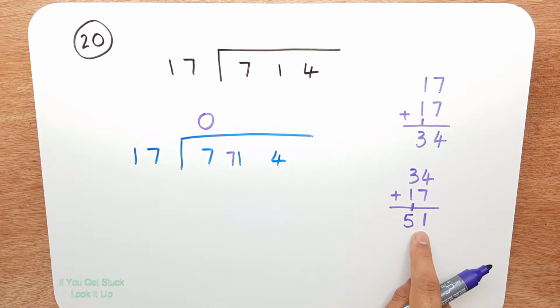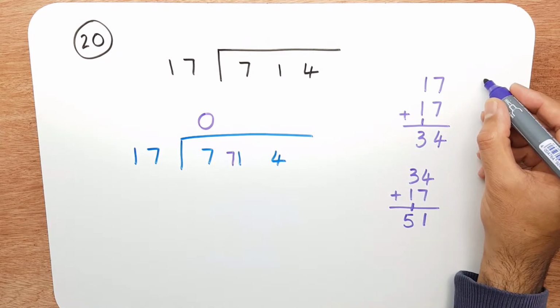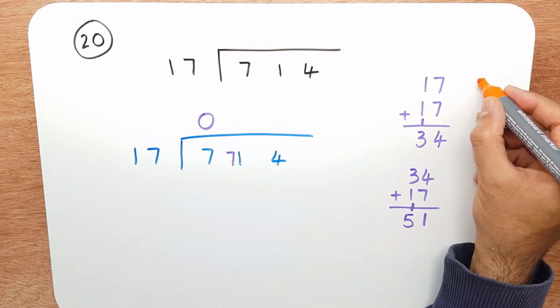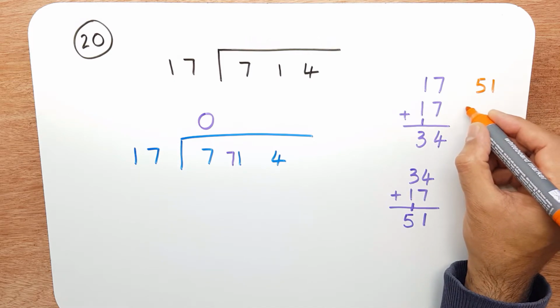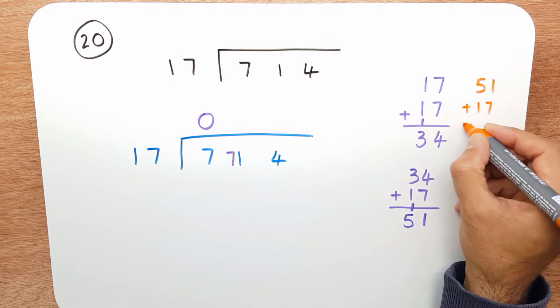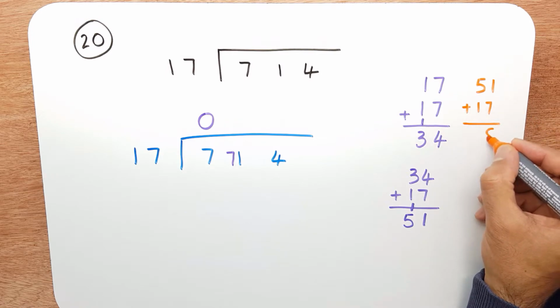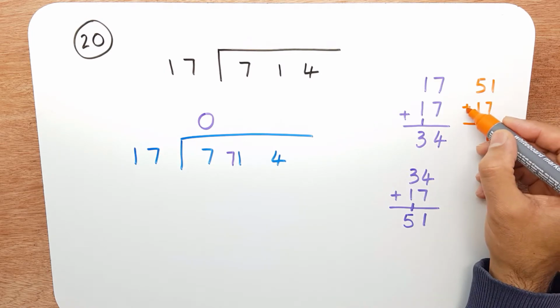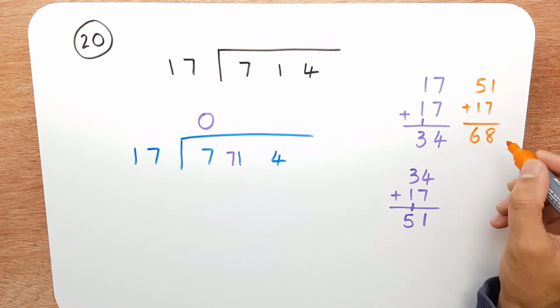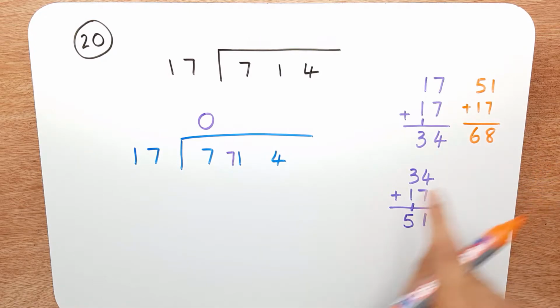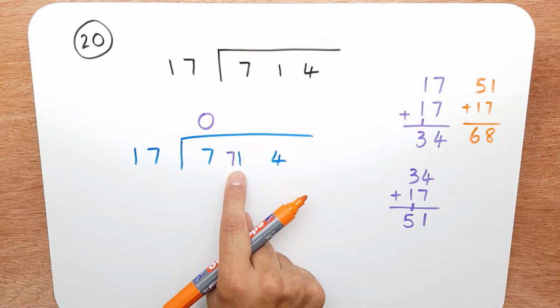We can add another 17. So 51 add 17. 1 add 7 is 8. 5 add 1 is 6. That's 68. And we've got 71. So we can stop there because we can't add another 17.